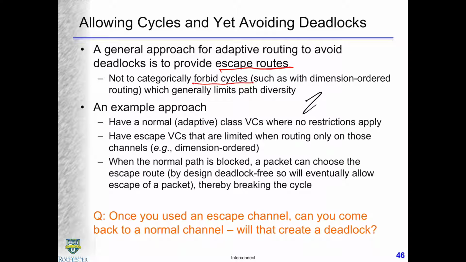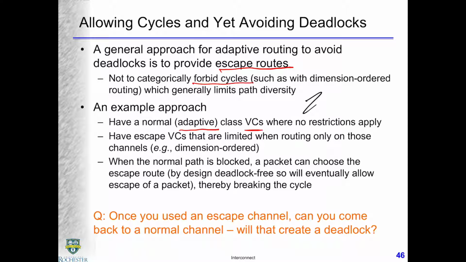So this is what you do. You provide two different classes of VC. You have one class called adaptive. What's adaptive? If you remember, I will choose my route based on congestion. So if I decide to turn left, I'll turn left. I don't want to be limited by, oh, you can't turn left because you've been coming from the west, or you can't turn left because you've traveled from the south going direction.